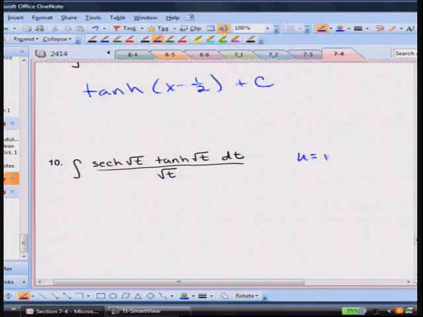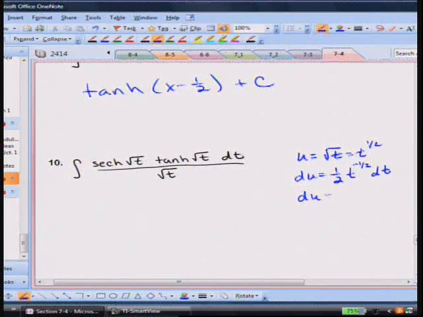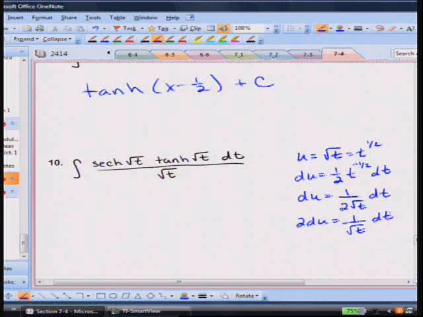If I let u equal the square root of t, which of course is t to the 1/2 power, then du is equal to 1/2 t to the negative 1/2 dt, which is 1/2 square root of t dt, which is almost what I want. If I multiply both sides by 2, 2 du is equal to 1 over the square root of t dt.